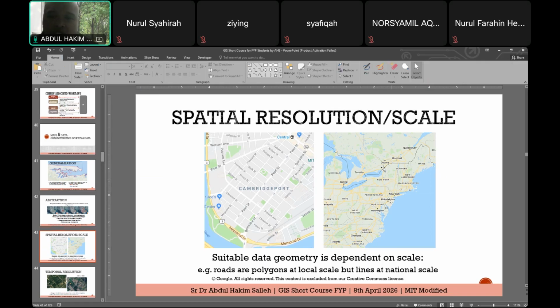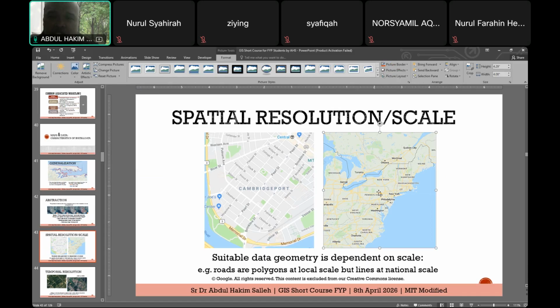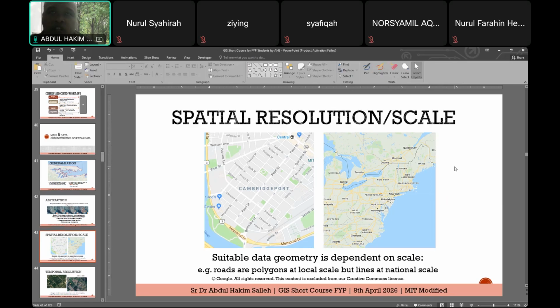Okay, that's why on the right-hand side image, when you zoom out, it will show you only the yellow main road. That is the spatial resolution or scale. You need to know what is supposed to be highlighted. If you zoom out like this, what should be highlighted? If you zoom in like this, what should be highlighted? Okay, that is spatial resolution.